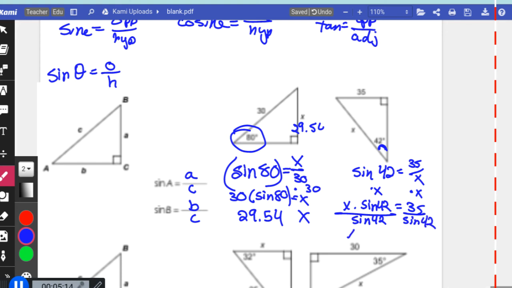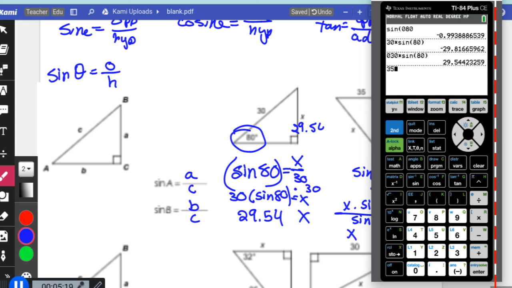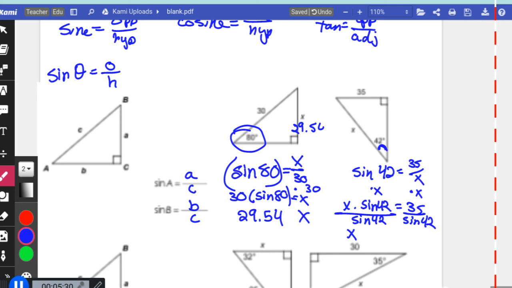So x equals 35 divided by sine of 42, which is 52.31. That looks good in the picture, since it had to be bigger than 35. So this is how you solve for a missing side when you only know one side and an angle.